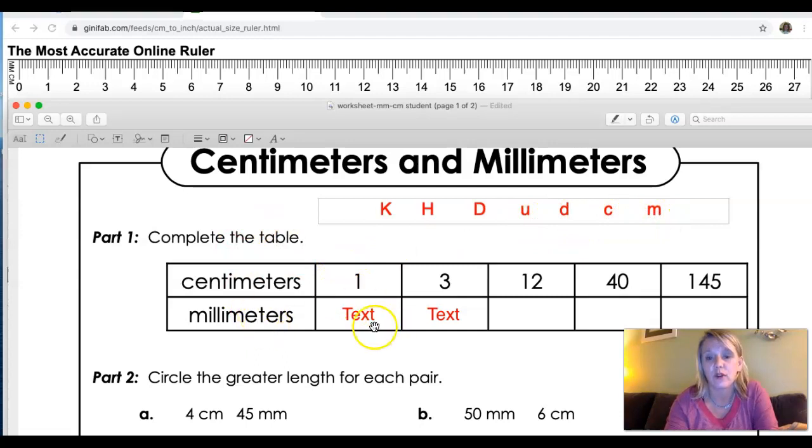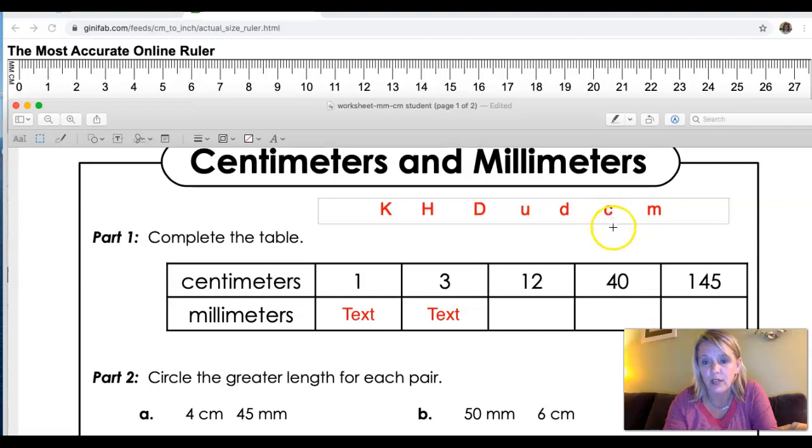Okay, so for instance, 1 centimeter, if we look up here, 1 centimeter is how many millimeters? There's 10 in every 1 centimeter. So if we use this mnemonic phrase, we would say 1 centimeter.